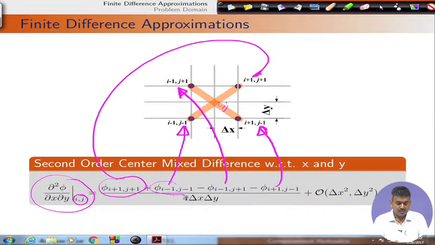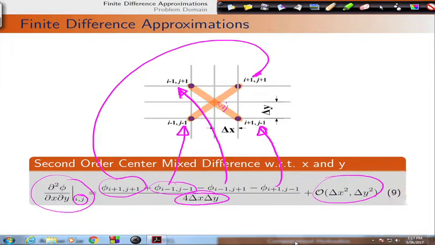These two are with positive sign, and diagonally these two are with negative sign, divided by 4 delta x delta y, and this is of delta x square delta y square accuracy.